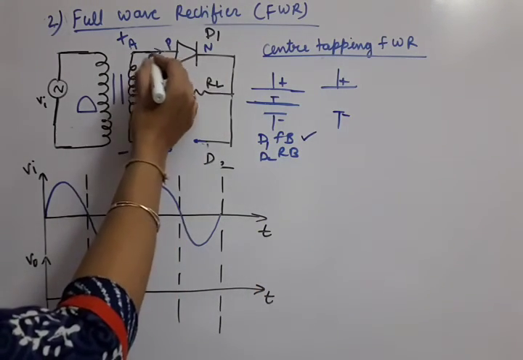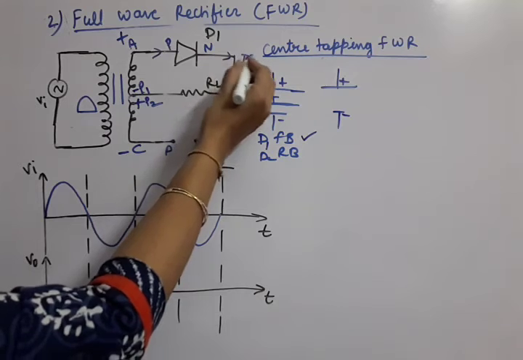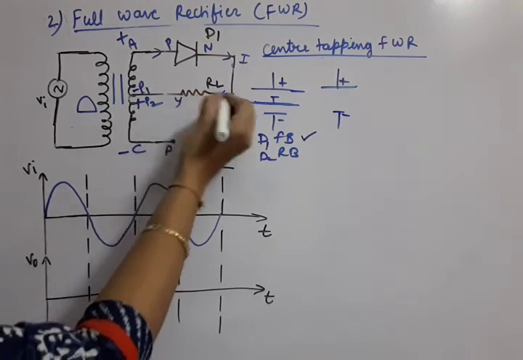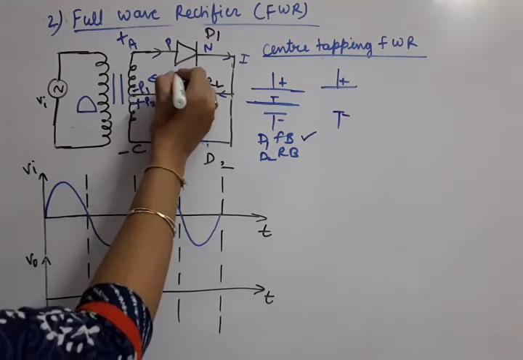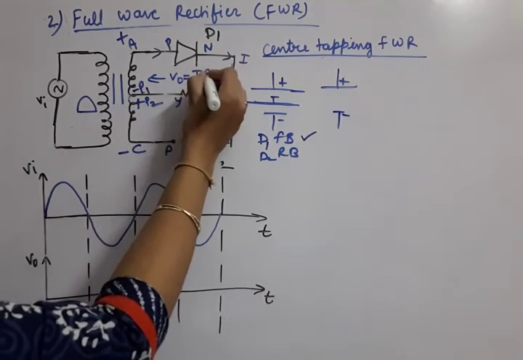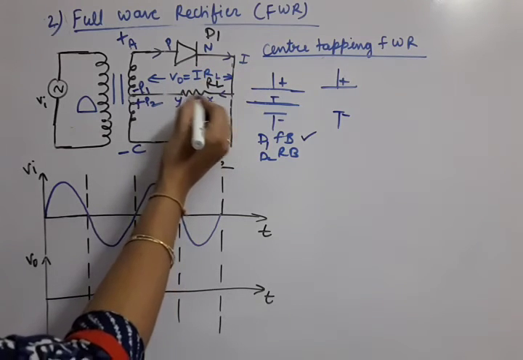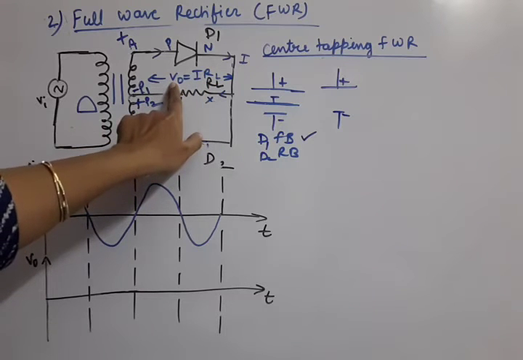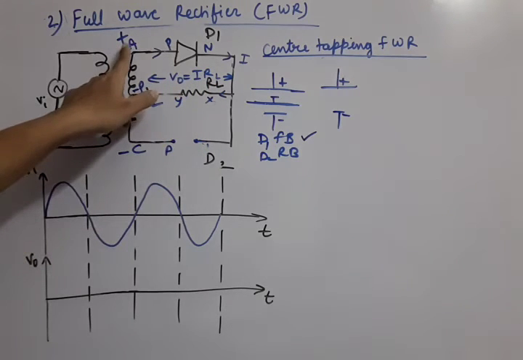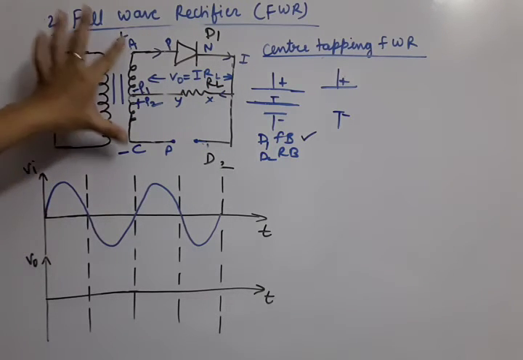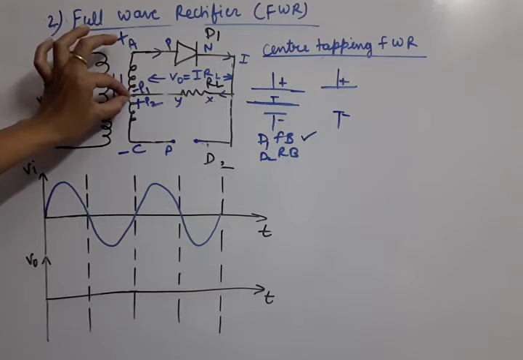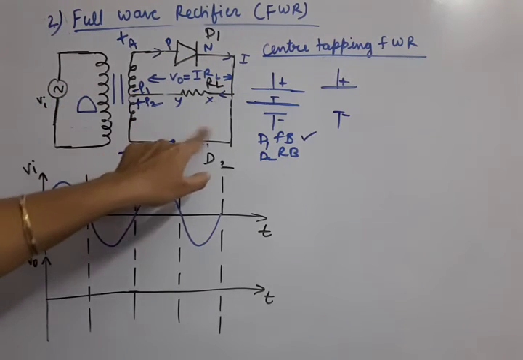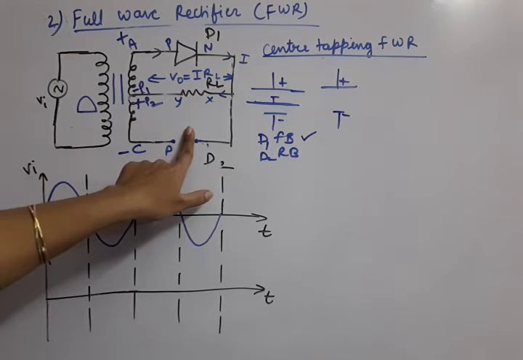So current will come from P to N and across the load it will flow. Suppose it is flowing from X to Y. And what is the output voltage? It is I into RL, the current which flows through the load. So when the positive cycle is applied, broken from the midpoint, diode D1 becomes forward biased, D2 is reverse biased so it does not conduct.